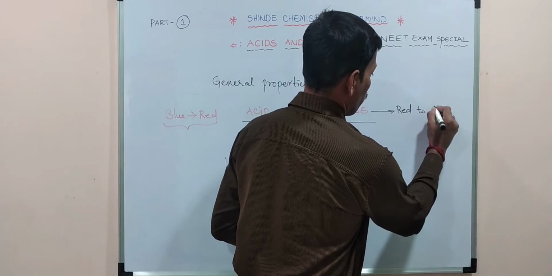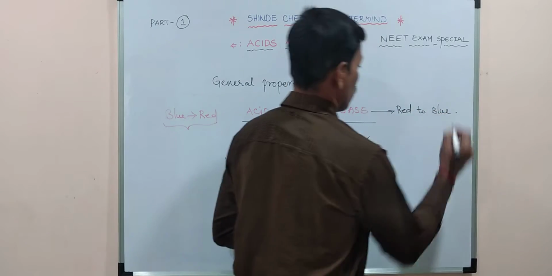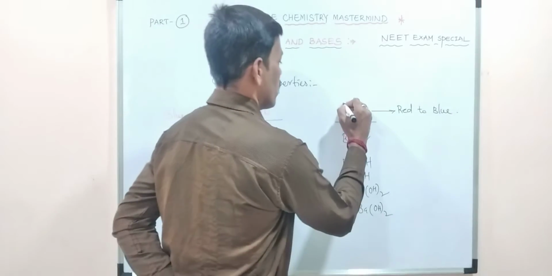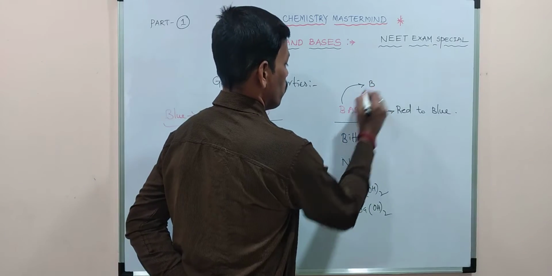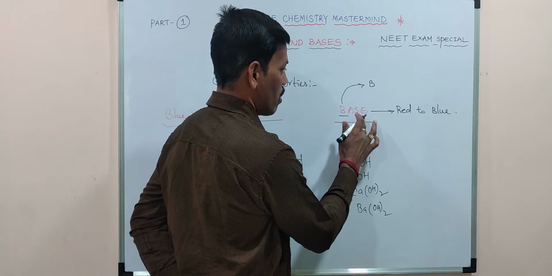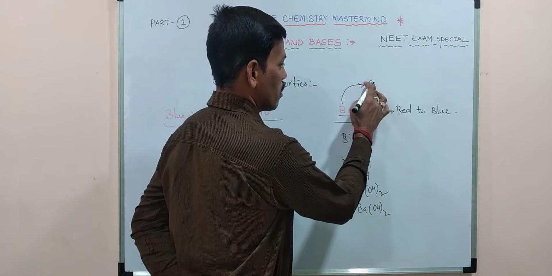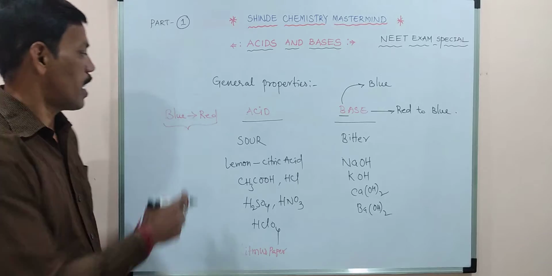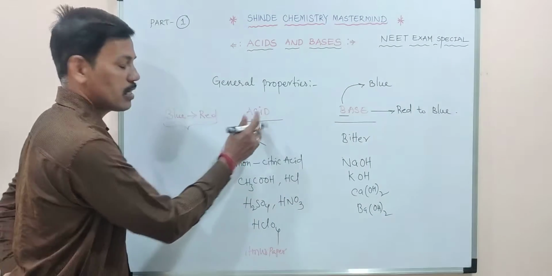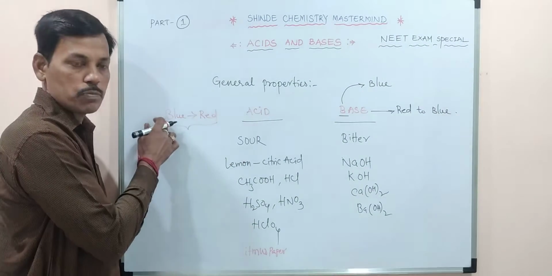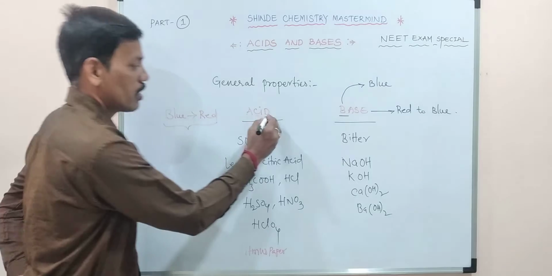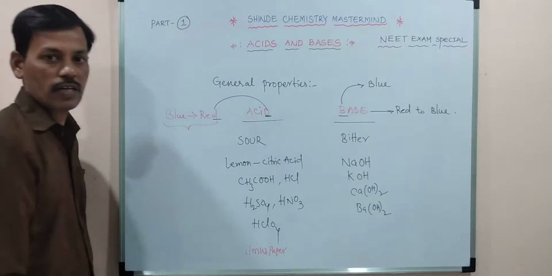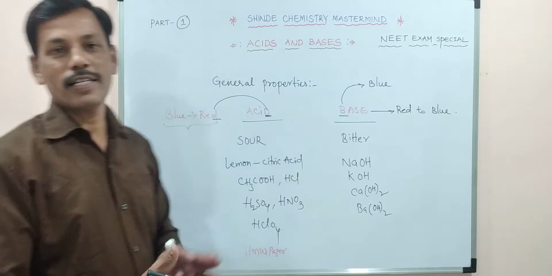For easy remembering, link B to B: B means base converts litmus paper into blue color. Acids convert litmus paper to red color, so here D and D you have to match. This is a simple example.